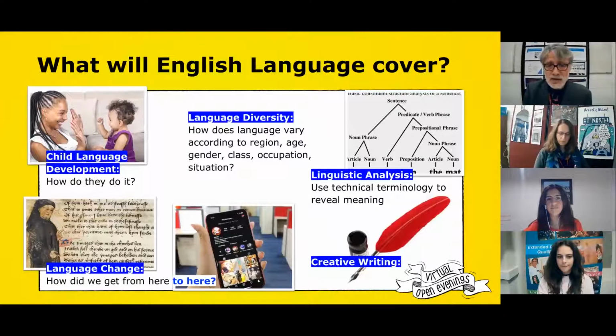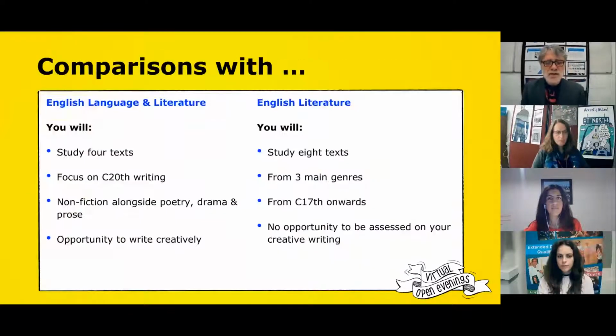And really, it's quite a free choice about what you choose to write about. So perhaps we'll come on to that in more detail later. So on this slide, we're comparing English language with the other two Englishes that we offer at Hills Road. So you have the choice of doing single English language, or English language and literature combined, or English literature.